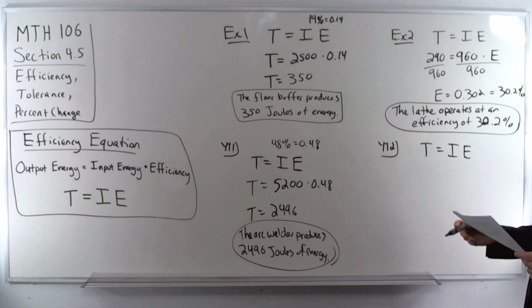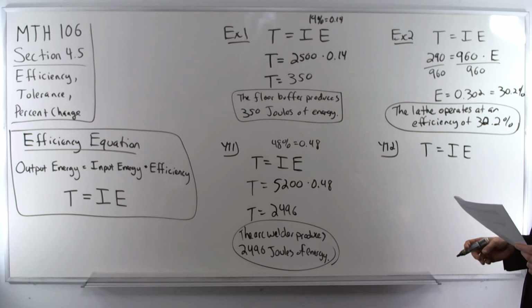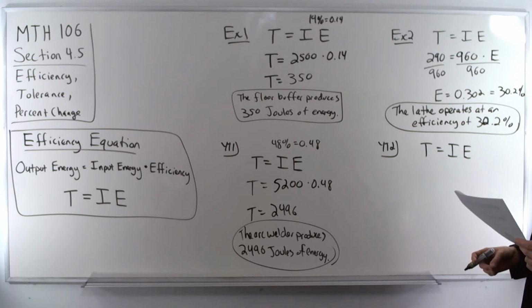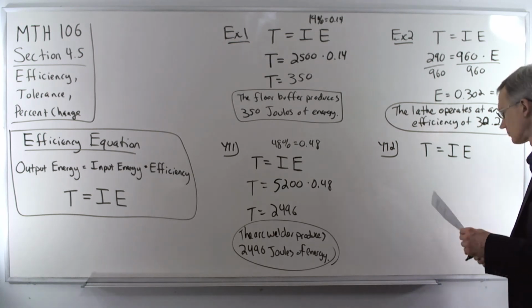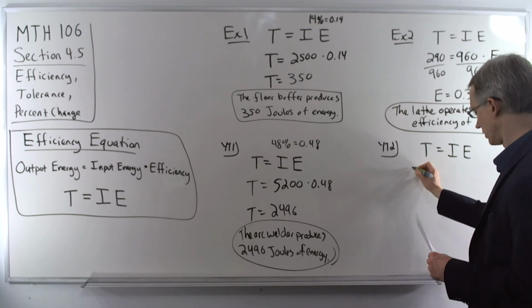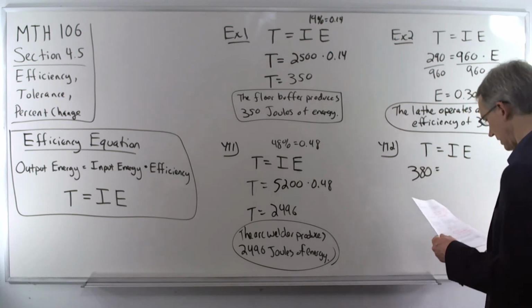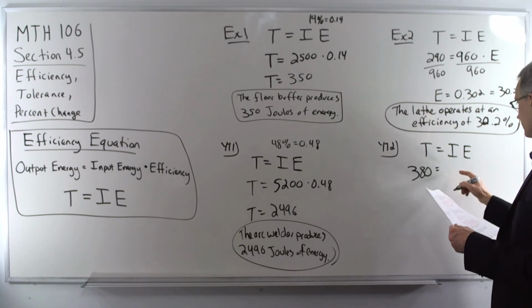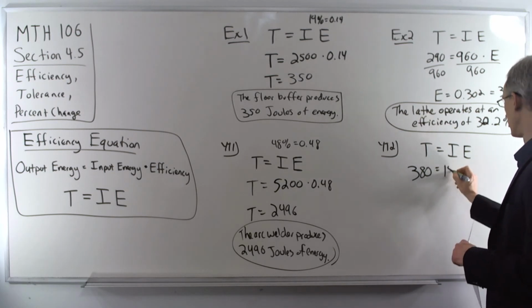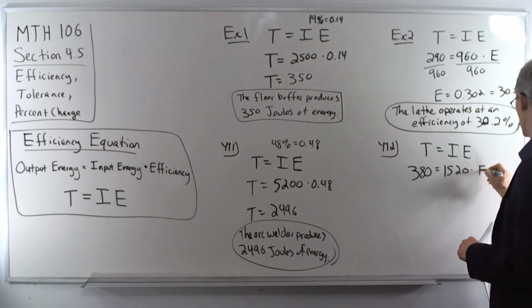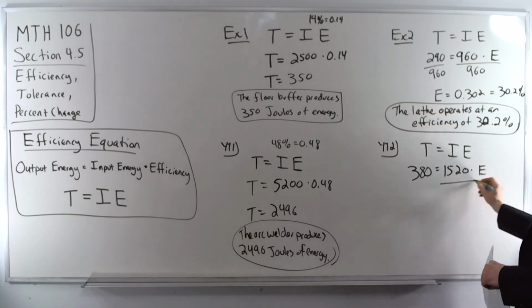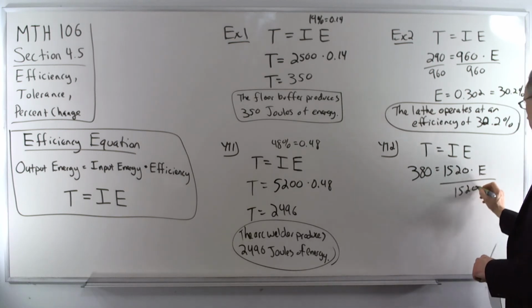Your turn number 2. An automobile creates 380 horsepower for acceleration, while the fuel consumed produces 1520 horsepower. Find the efficiency. All right, the energy created for motion, that's 380. And fuel consumed is the input energy, so that is 1,520 times E. All right, divide both sides by 1520.